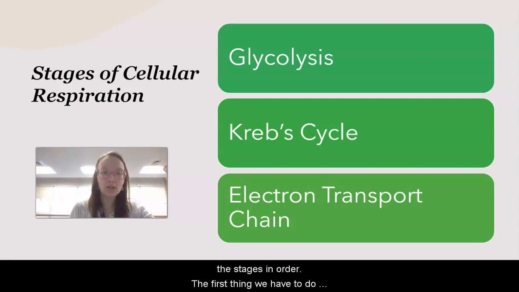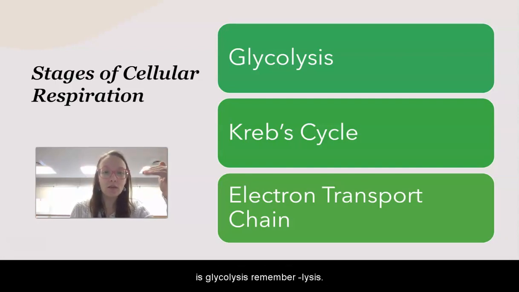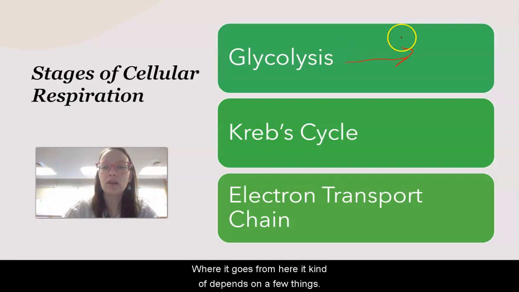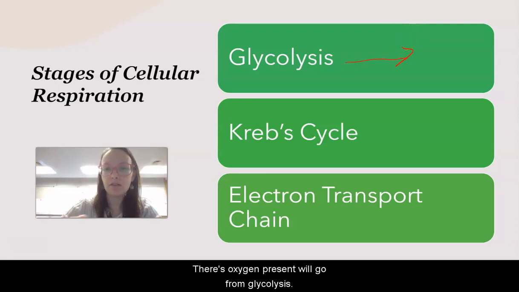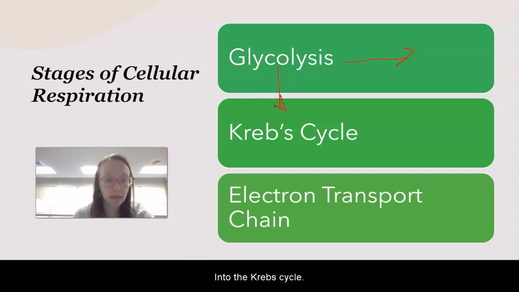So the first thing we have to do is glycolysis. Remember lysis, right? Glyco, we have glucose. We're gonna cut glucose. Then where it goes from here is going to depend on a few things. But if there's oxygen present, we'll go from glycolysis into the Krebs cycle, named after a guy, the last name of Krebs.